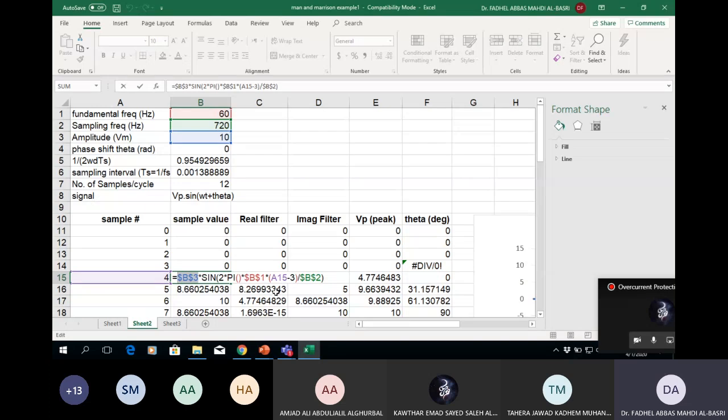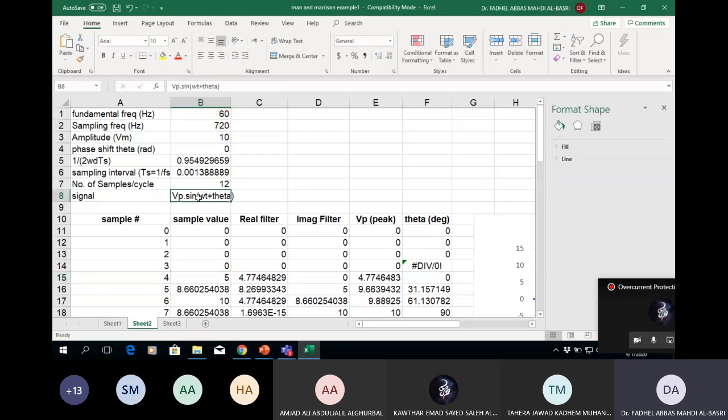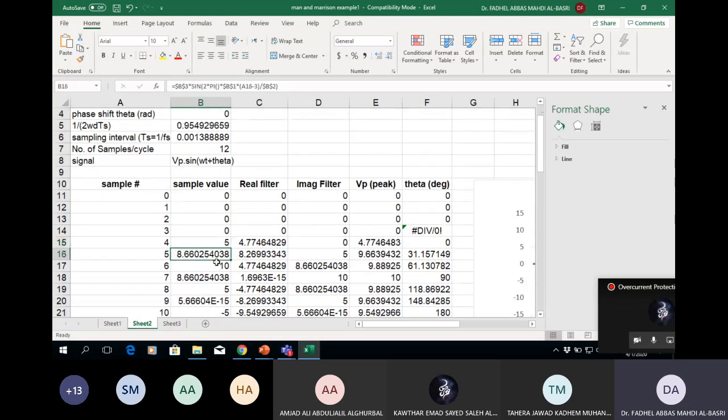So I implemented this equation by multiplying each sample by this. And then I implemented, so this is the signal values at each sample. So it is like the instantaneous value of this signal at each moment of time.